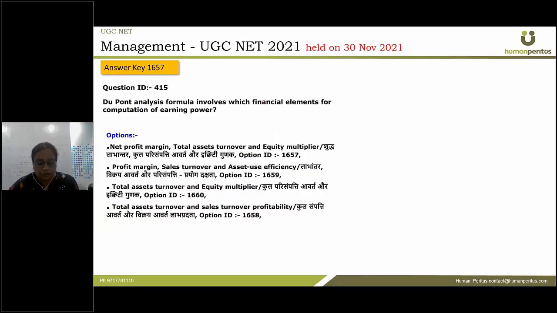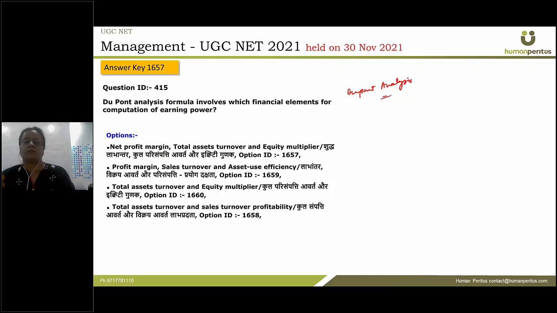Now the question is on DuPont analysis. DuPont analysis formula involves which financial elements for computation of earning power? So if anyone knows about DuPont analysis, he will definitely be able to mark this answer right, because it's a simple formula. So what actually is DuPont analysis?